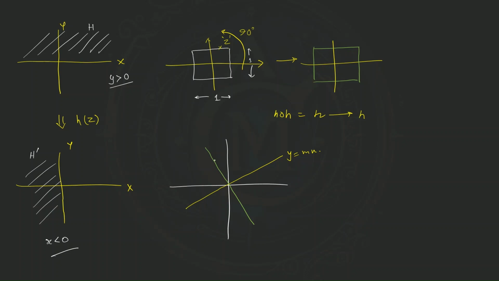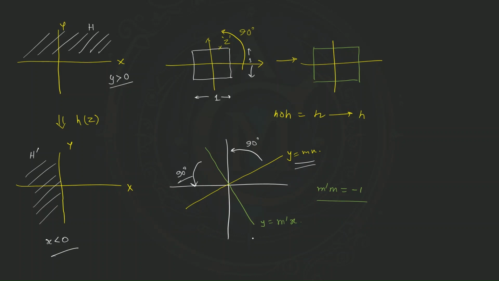The line after applying h a single time is y equal to m dash x, where m dash into m equals minus 1. Now if we apply h again, we rotate this line by another 90 degrees, so we get the first line itself, y equal to mx.